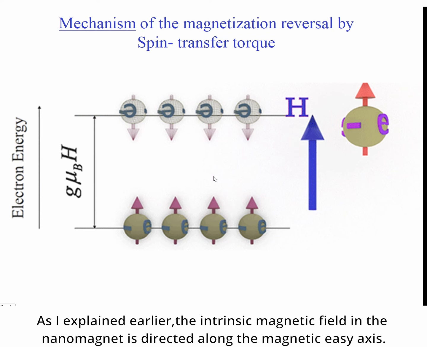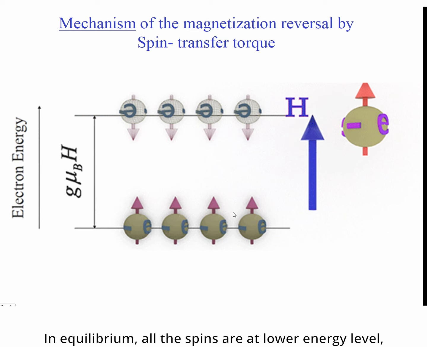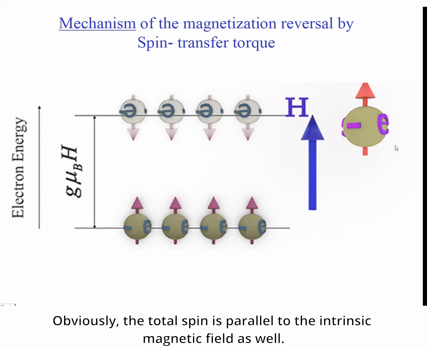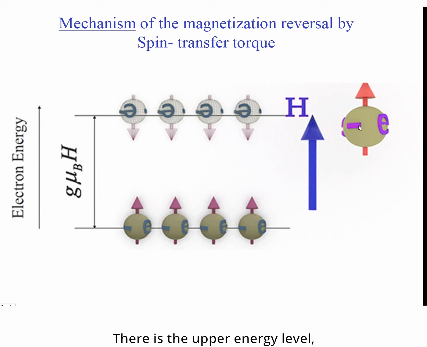As I explained earlier, the intrinsic magnetic field in the nanomagnet is directed along the magnetic z-axis. In equilibrium, all the spins are at the lower energy level, which corresponds to the state when all spins are parallel to the intrinsic magnetic field. Obviously, the total spin is parallel to the intrinsic field as well.